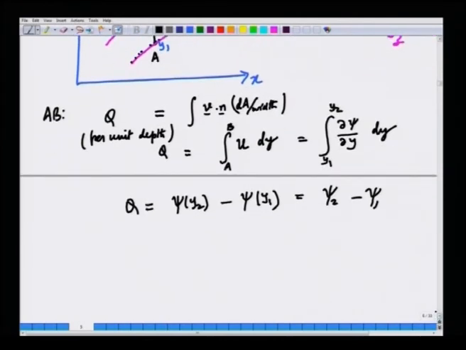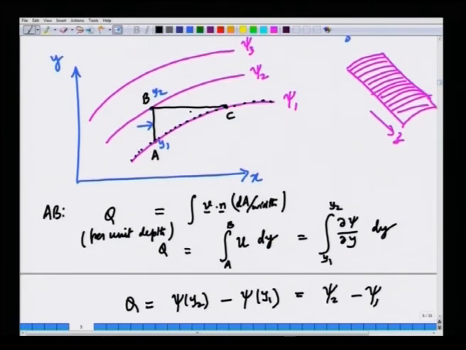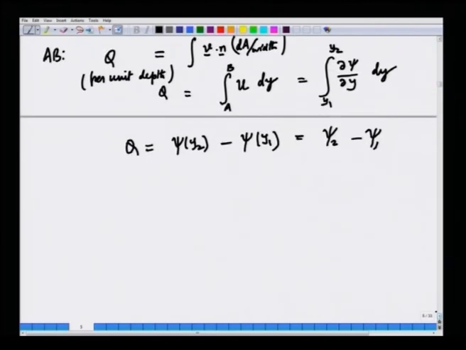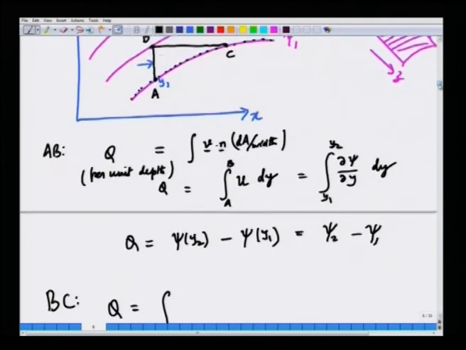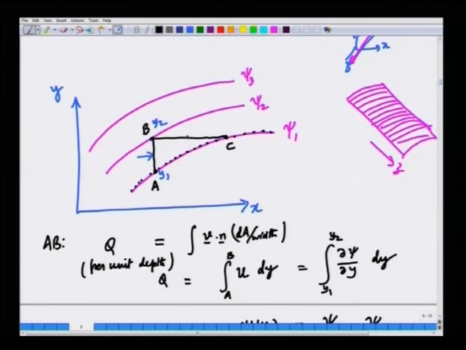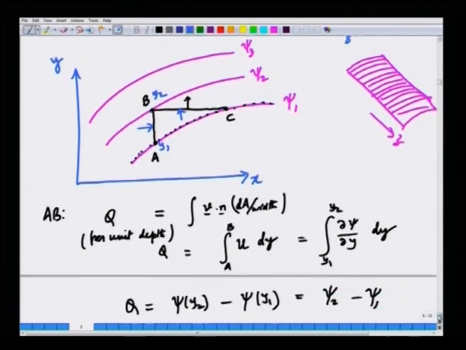I can do this for the surface or line BC also. Okay, let us do that for the line BC. If you look at this diagram, this surface is completely normal to the y direction, the unit normal is along the y direction. So, the only component of velocity that is going to contribute is the y component of the velocity.